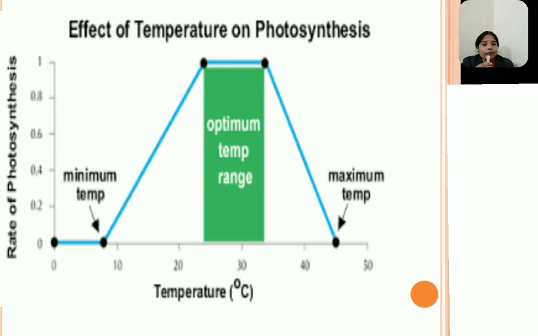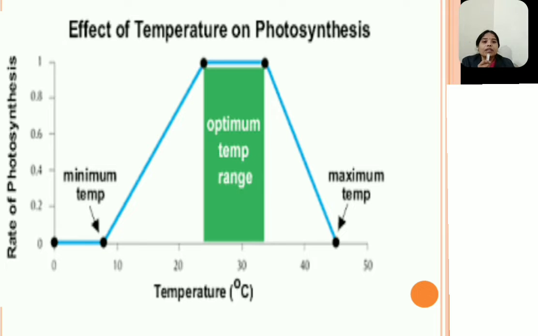If temperature increases too high, the rate of photosynthesis is reduced. Why? Due to denaturation of enzymes involved in the process, and the rate of photosynthesis slows down.